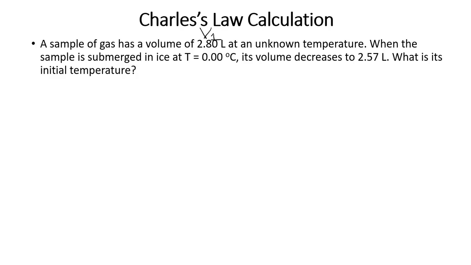At an unknown temperature, this unknown temperature is T1. When the sample is submerged in ice at T is equal to 0.00 degrees Celsius. So this is T2. But remember, you need to give your temperatures in Kelvin.